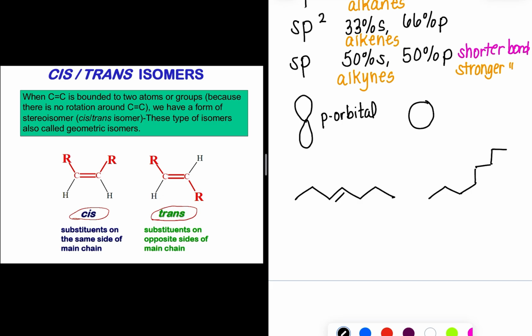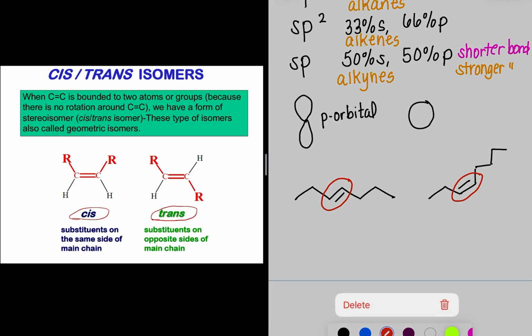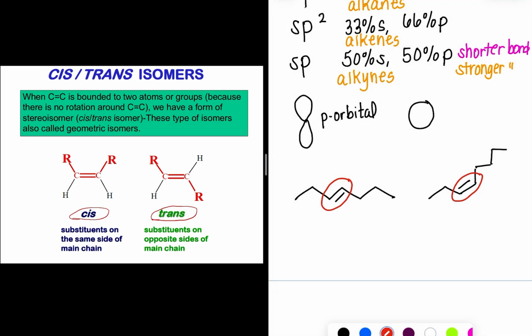Okay, so if I have my alkene on the left, when I'm looking at this double bond, I'm going to put a circle around where the double bond is, and I'm going to put a circle on this double bond. The one on the left is a trans alkene. The R groups are on opposite sides of the double bond.